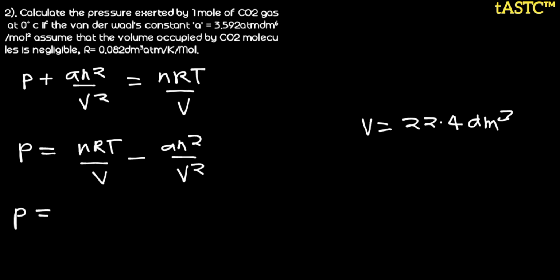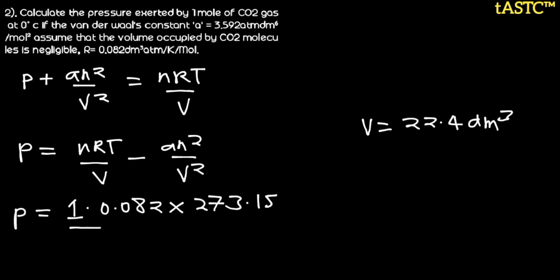Now n is the number of moles, so that is just 1. We do not really need to write it, but for the sake of clarity, I'm just going to write it. R is 0.082, and we have a T. T is the temperature that was given to us to be 0 degrees Celsius, so that will clearly be 273 Kelvin. We may be more approximate, and that will just be 273, but if we want to be so direct, that should be 273.15.